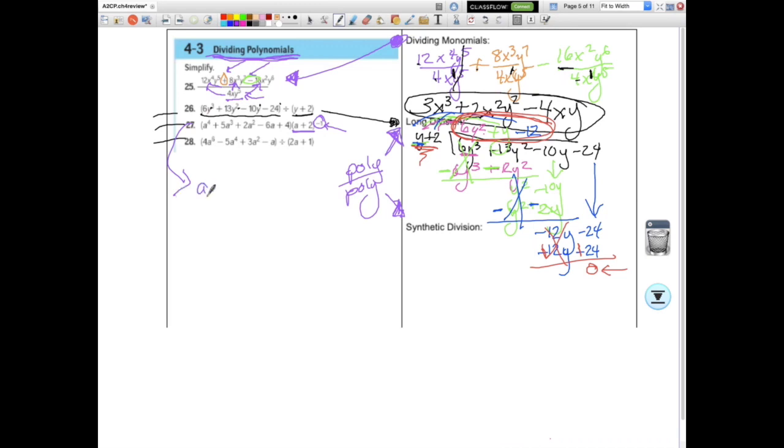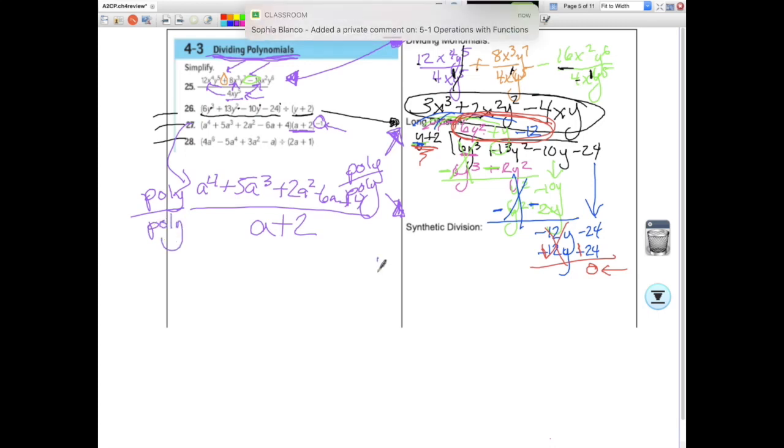So that means that number 27 could be rewritten as a to the 4th plus 5a to the 3rd plus 2a squared minus 6a plus 4 all over this piece, right? Because this negative 1 means move its direction, or change its location, move it below. And if you see it like this, you should know, oh, that's a poly divided by another poly.